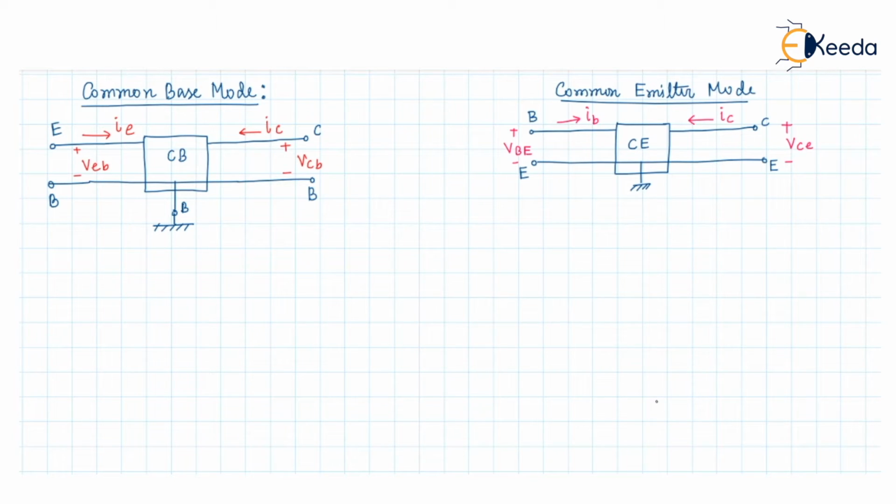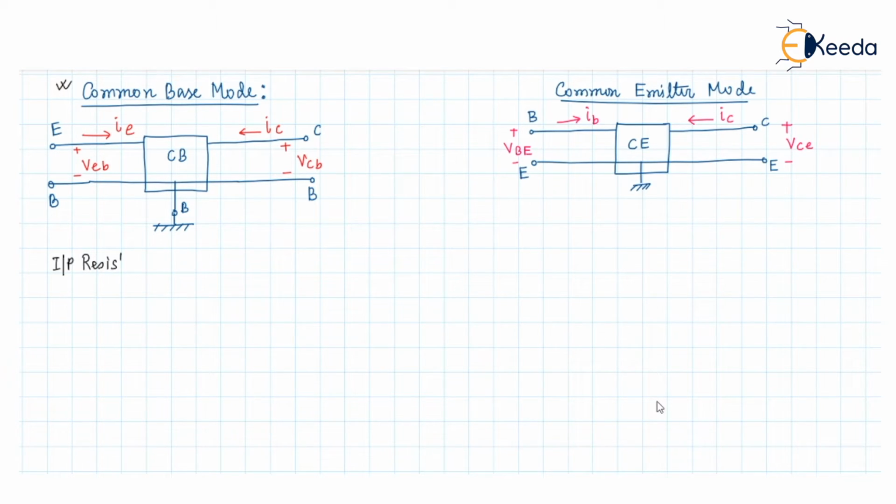Now let us find the four parameters likewise. Take first the common base mode. In this common base mode, let us find the input resistance.